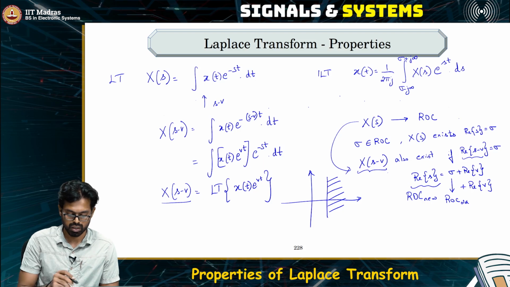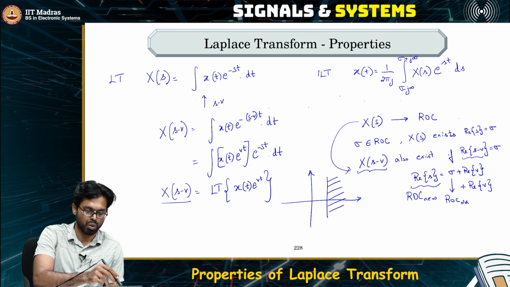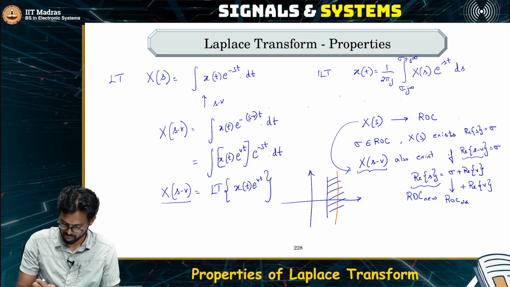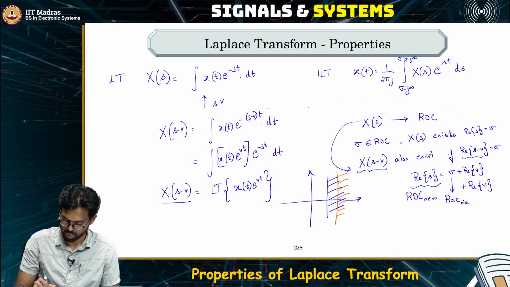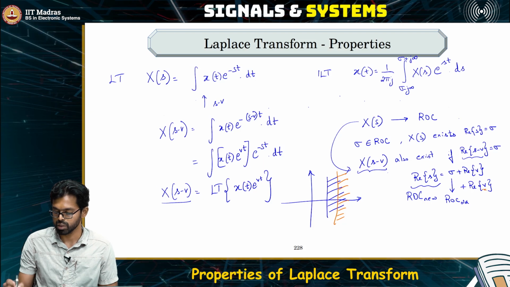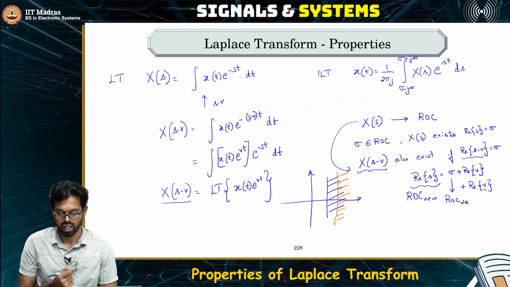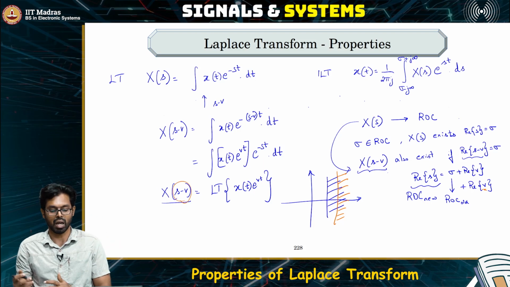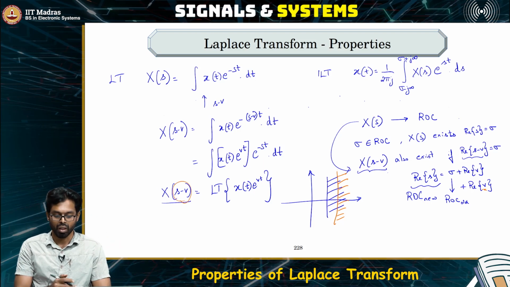after shifting it with minus v, what happens is we get a new ROC which is going to move if v is positive, if the real part of v is positive. And this makes sense because what is the shifting operation? The shifting operation is as good as moving things to the right side, right?